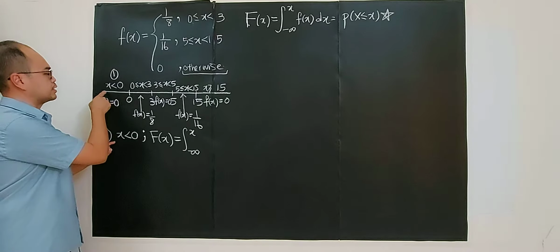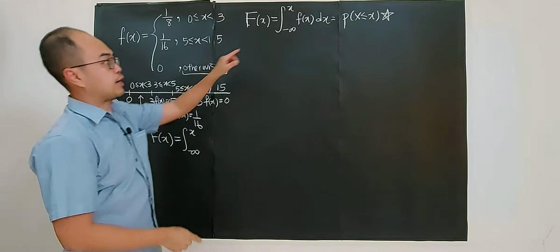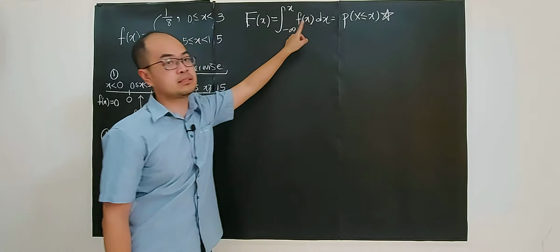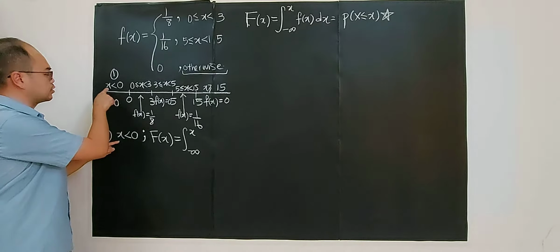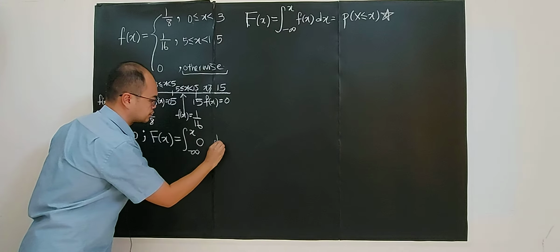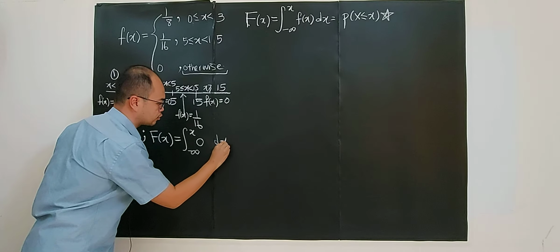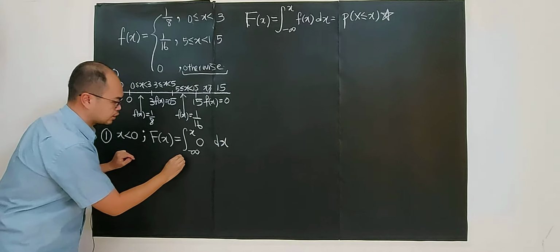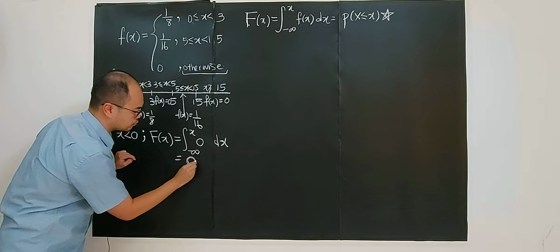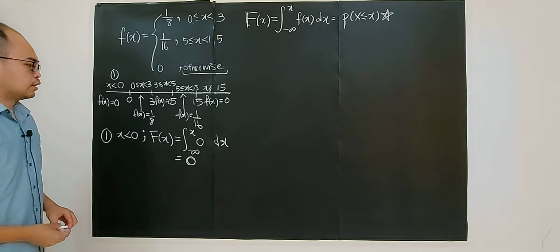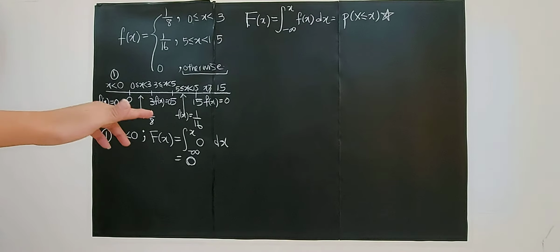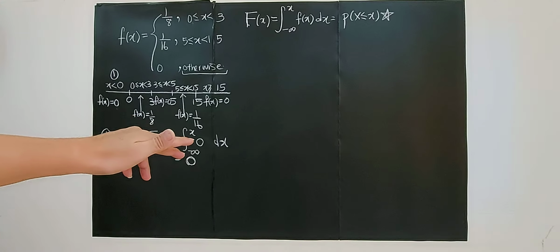But look at this interval here: when x is less than 0, f(x) is 0. Integrating 0 gives you the value of 0. So for the first interval, I have found that my cumulative is 0.